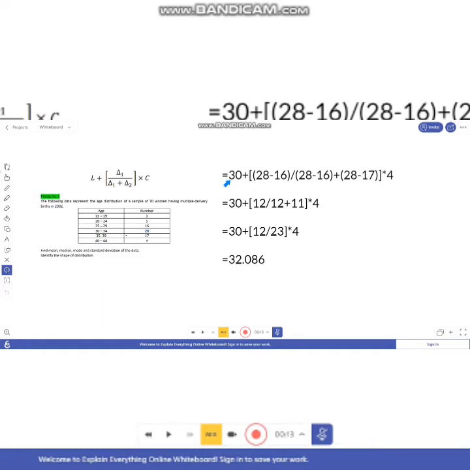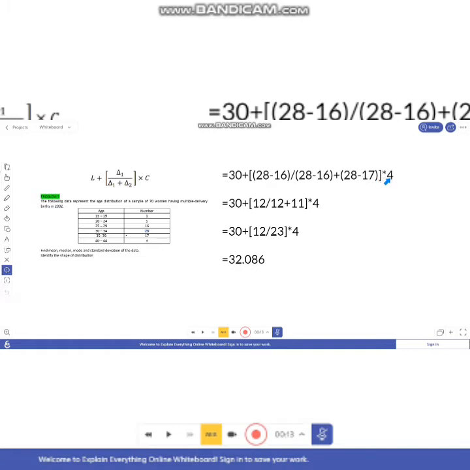Then 28 minus 16 is delta 1, over 28 minus 16, which is delta 1, plus 28 minus 17, which is delta 2.